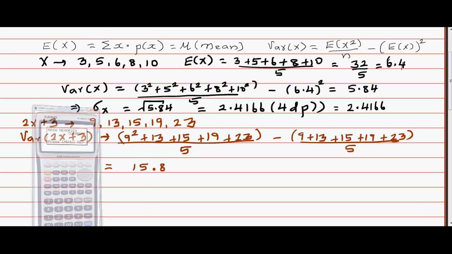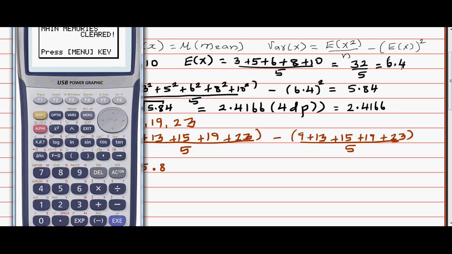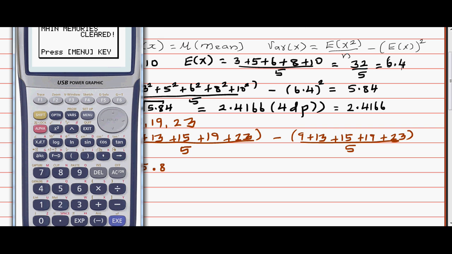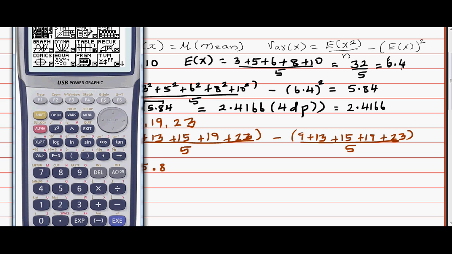Okay, let me show this on a calculator. So this is a Casio calculator. I want to see the data, so we know it is 9 squared. Go menu, run.